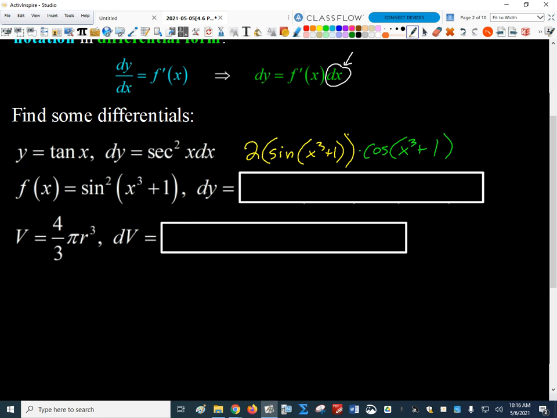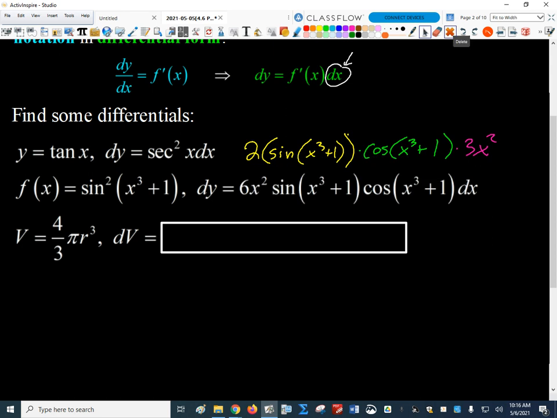What's the derivative of the inside layer? 3x squared. The derivative of x cubed plus 1 gives us 3x squared. So if I simplify all that, 2 times 3x squared is 6x squared times sine of x cubed plus 1 times cosine of the same thing, dx. I can't forget the dx at the end because I'm writing this in differential notation, okay?